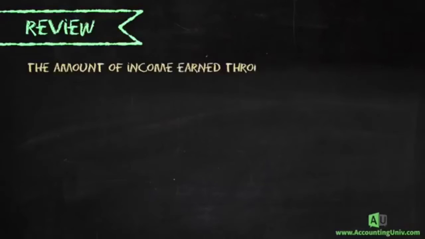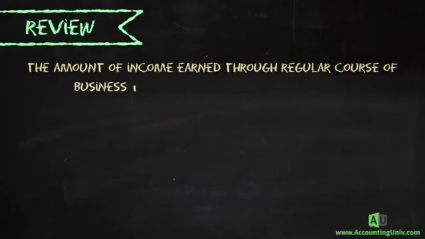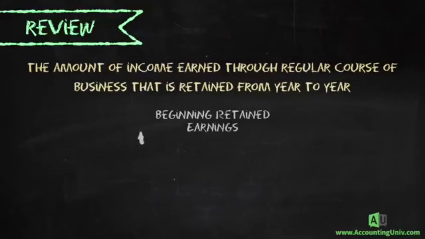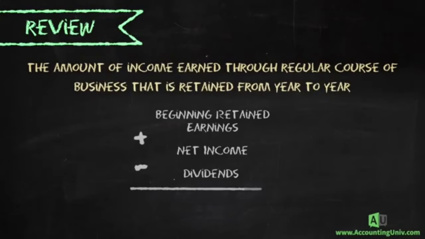What is retained earnings? It is the amount of income earned through regular course of business that is retained from year to year. Here is the equation revisited. Beginning retained earnings plus net income minus dividends equals ending retained earnings.